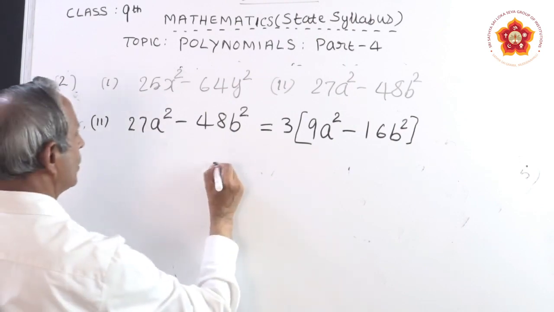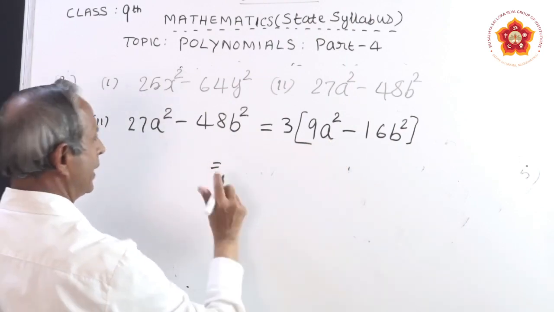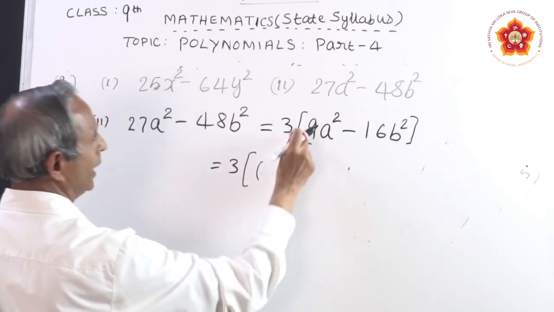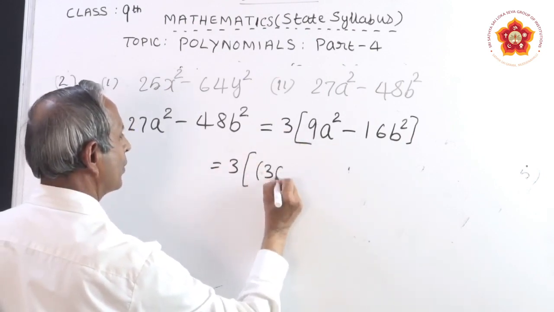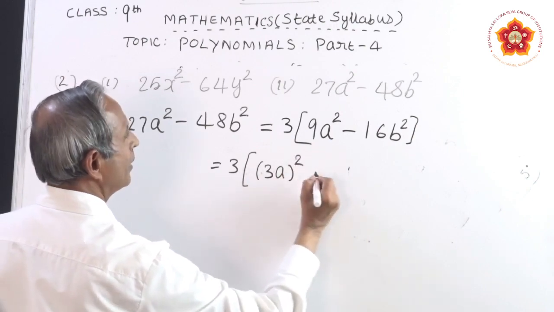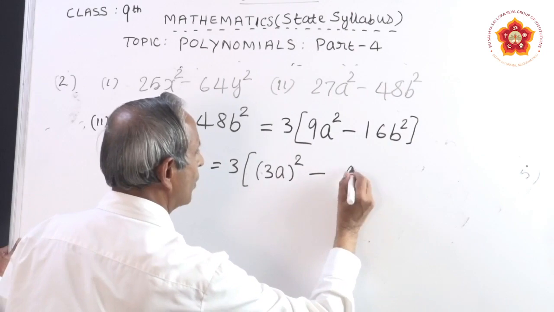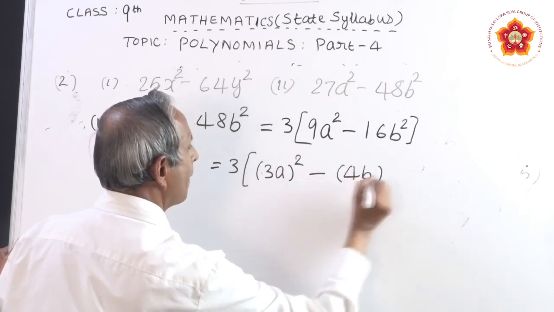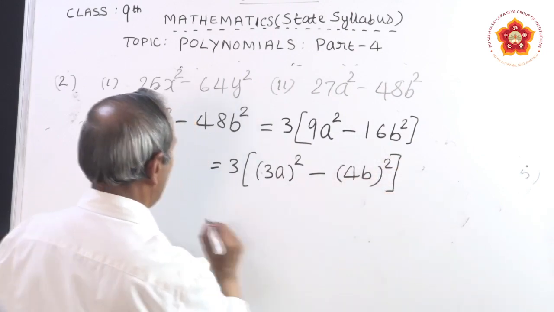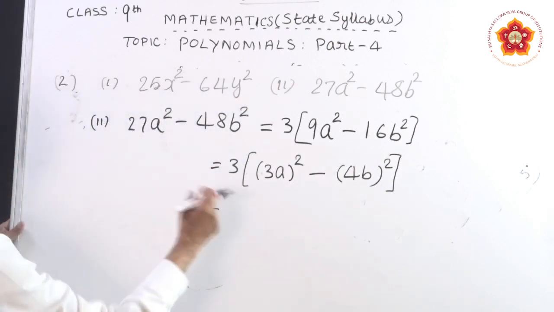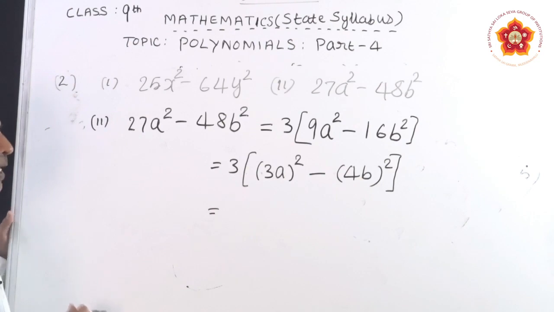Now, we already know the first term can be written as the square of a number. Here the square root of 9 is 3, therefore you can write it as 3a whole square, minus the square root of 16 is 4, therefore you can write it as 4b whole square. Now, it can be factorized using the same formula, a square minus b square is equal to a plus b into a minus b.